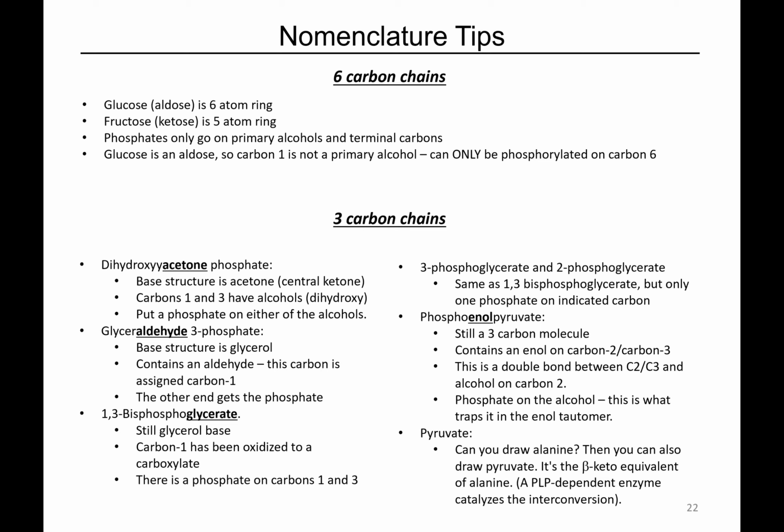Who remembers what glycerol is? 3 carbons, and each carbon has an alcohol group on it, right? So let's draw it like this. Glycerol. Okay, glycerol. So all of them start with glycerol.